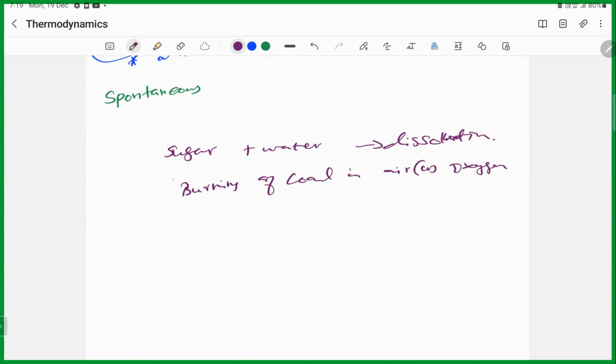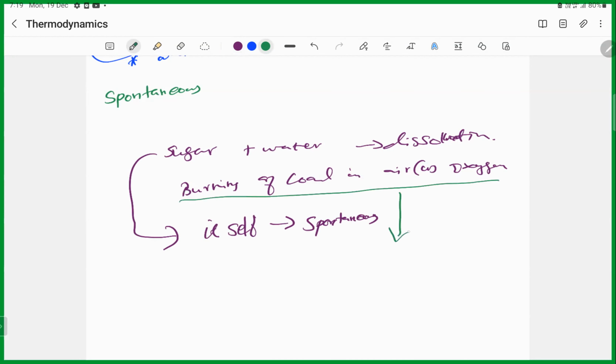In the first, this one can take place by itself. Then it is called spontaneous. Whereas the second, burning of coal in the air, oxygen, cannot take place without doing anything.